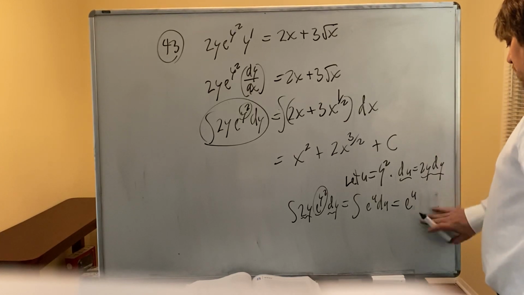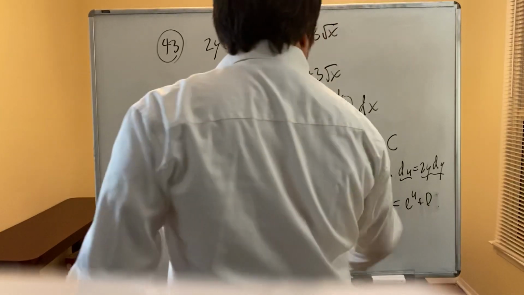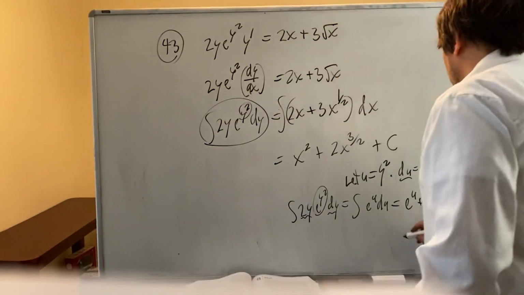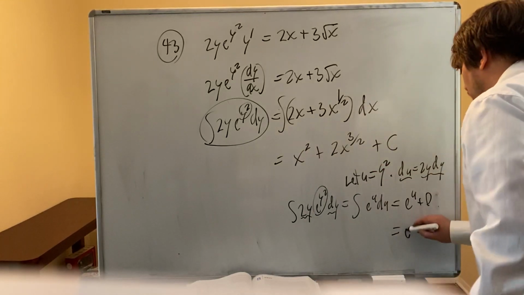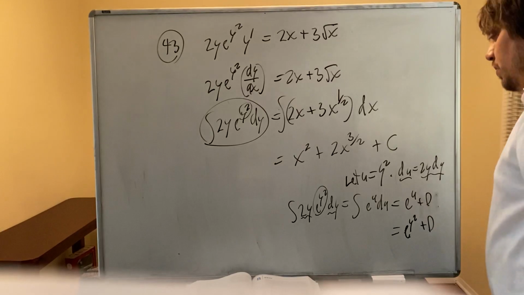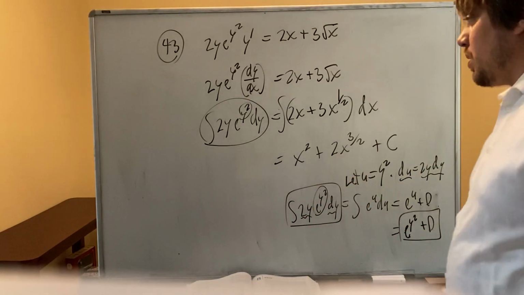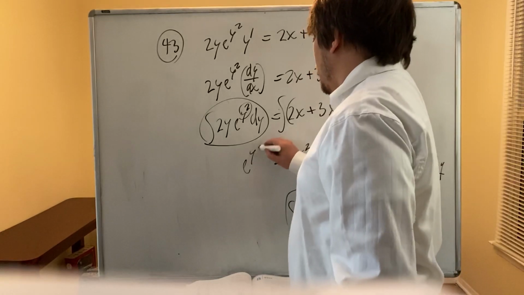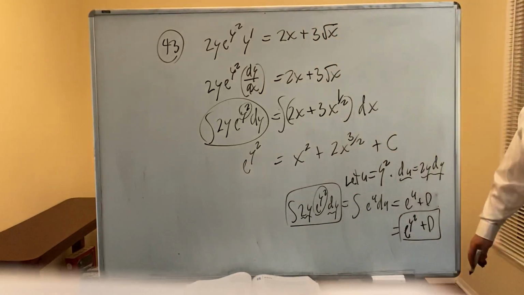Plus d, I guess I'll call it, just for here. But then when we plug in, this is e to the u, and u is y squared. So this is e to the y squared plus a constant. That's what this thing is. So here, this is e to the y squared, and then the plus c is the difference of the constants you add to both sides.